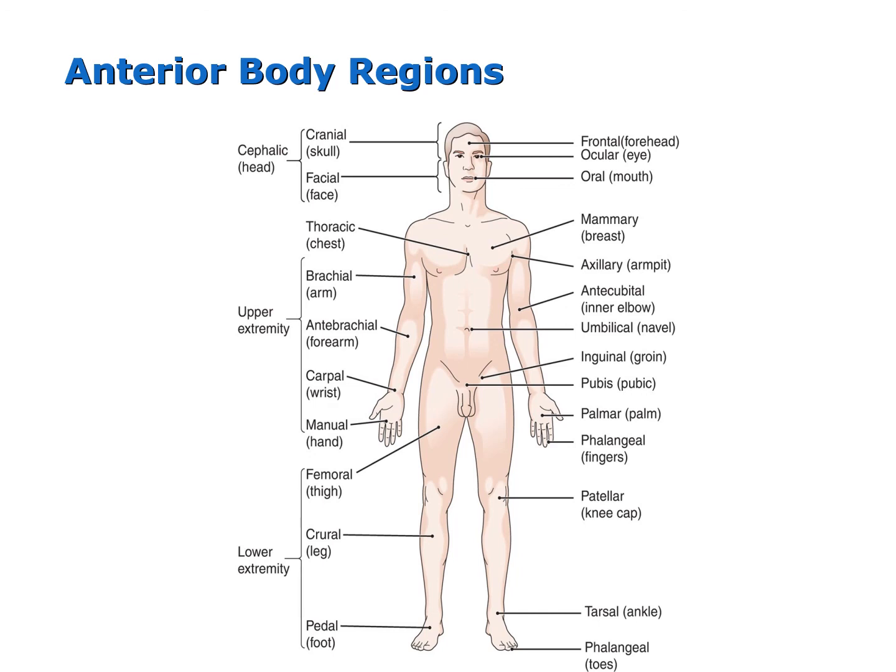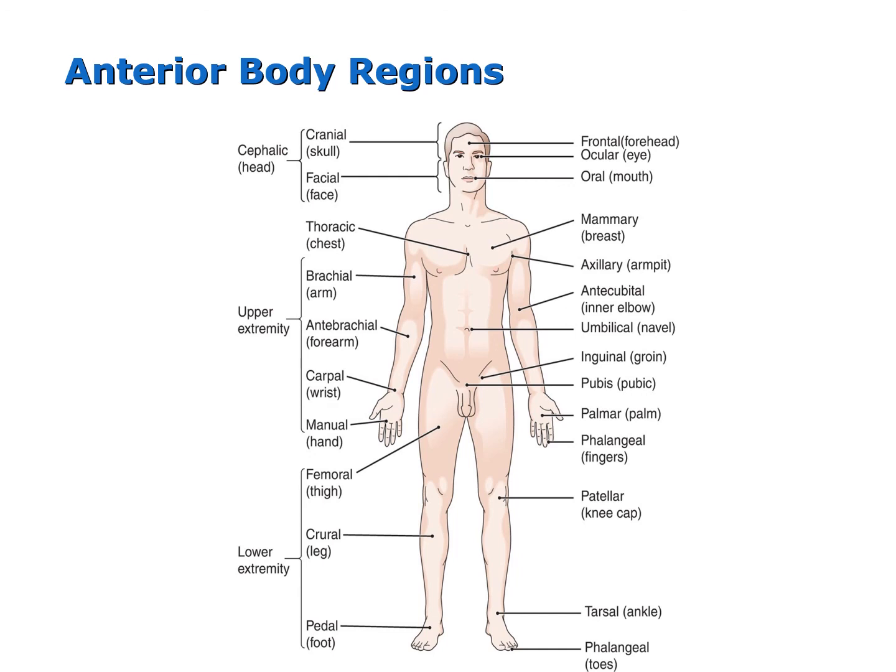When we are moving down to the pelvic area, the groin area is called inguinal. The middle part in the lower abdomen is called the pubic area. And when we are looking at the lower extremity, the thigh area is called femoral, with the leg area being called crural. The foot is called pedal.